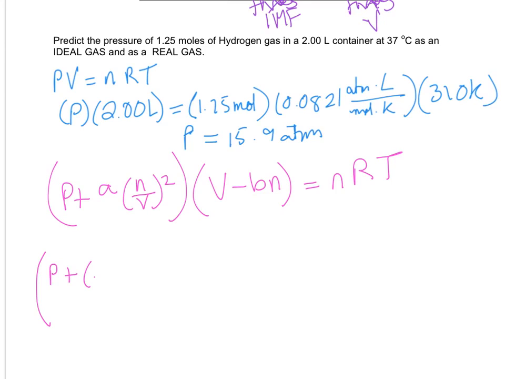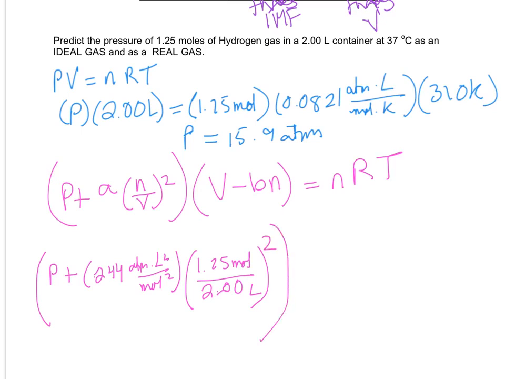This is hydrogen, so if you look it up on the table, a is 0.244 atm times liters squared over moles squared. Then times n, which is 1.25 moles, divided by the volume, which is 2.00 liters, and then that's squared.